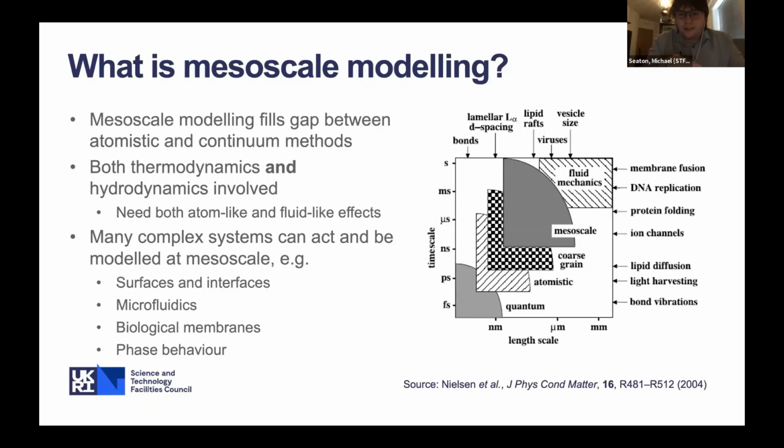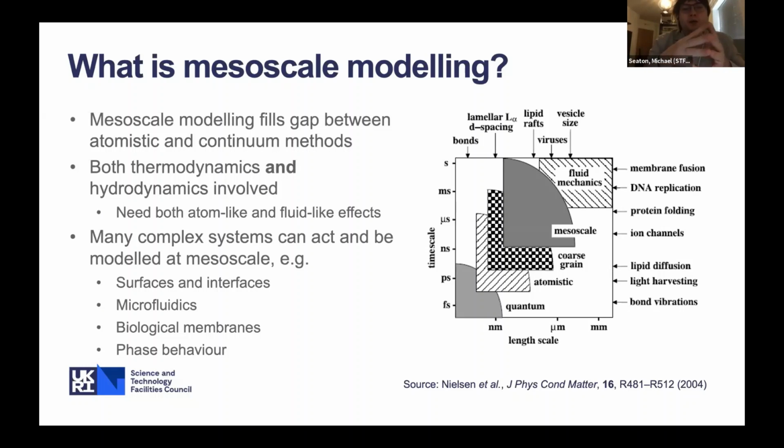Now, the diagram I've shown here is probably one that's at least vaguely familiar to everybody, showing the different techniques and the different length and time scales in which they operate. One thing to note is that at the mesoscale, we are trying to get the best of both worlds of atomistic and continuum modeling.